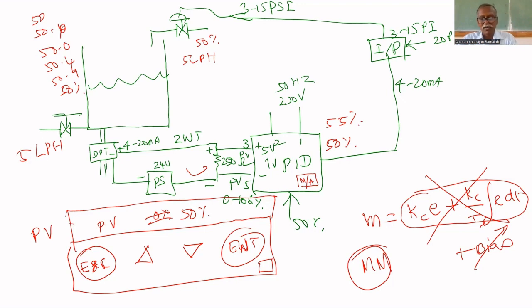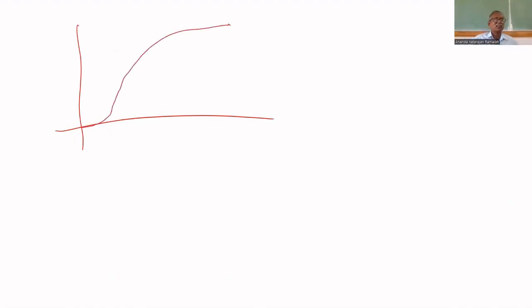The same way you did the experiment in the transducer lab, finding the time constant of an RTD. You plot those values here. You subtract 50%, whatever the value available, and plot this response. It will look like this. This is called a reaction curve.